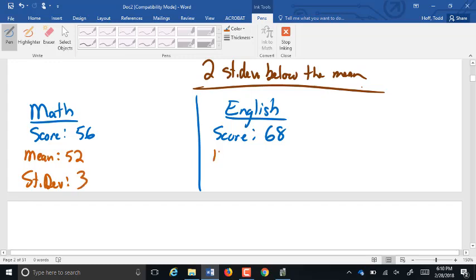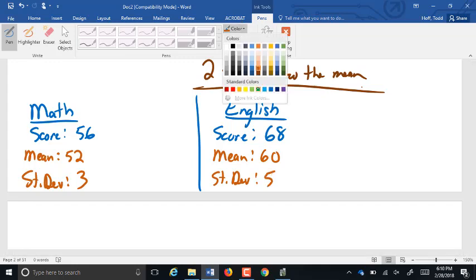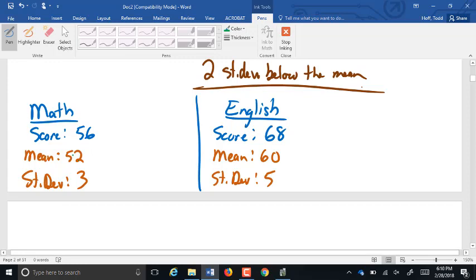For the English test, let's say that there is a mean of 60 and a standard deviation of 5. Now you might still be tempted to look at that and say, hey, here I only scored 4 points above the mean. Here I scored 8 points above the mean. That's got to be more significant. Well, again, not necessarily. Let's do the z-score for each.